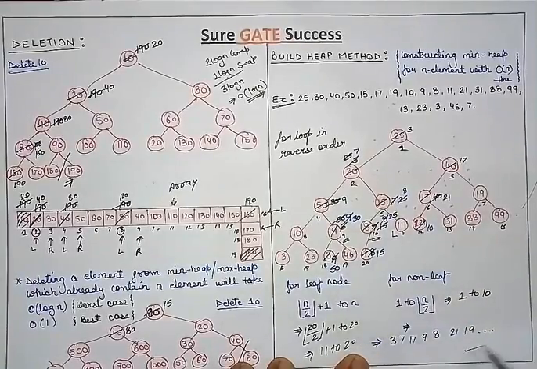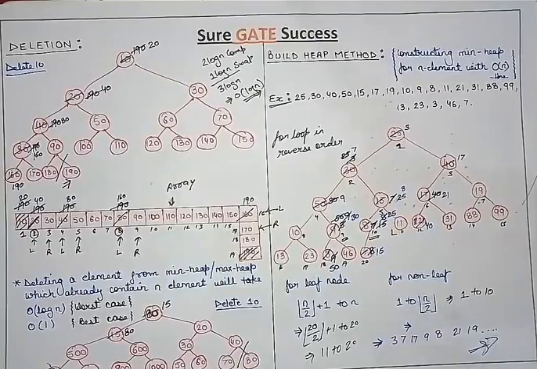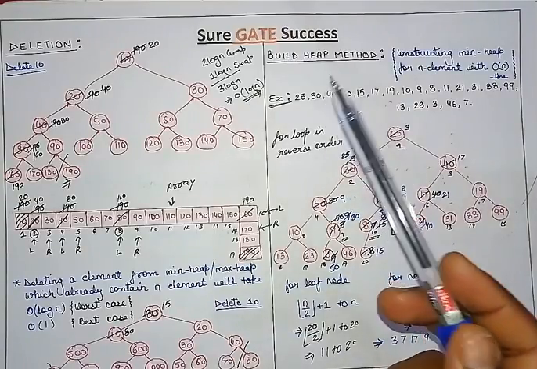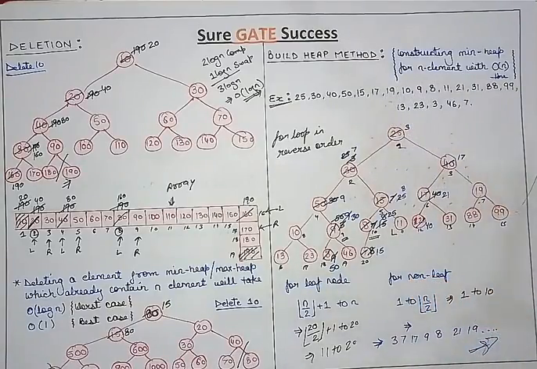We have to write it down in a sequence. So in this way you can apply the min heapify procedure. You can apply anything here because we have to build the heap. In the same way you can apply the max heap procedure.